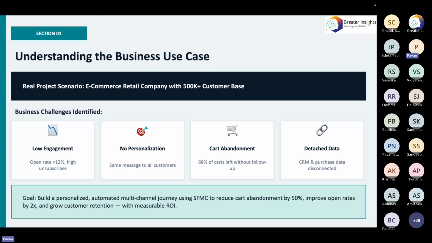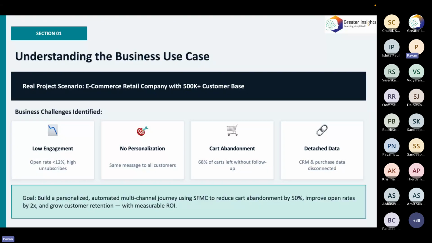Why should I click on anything, right? Why should I make this purchase? There's no personalization. There is no belonging of the customer to the business. So that stitching, that relationship building will always happen when you have better personalization, right? So that was another challenge that we identified.